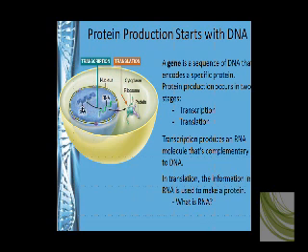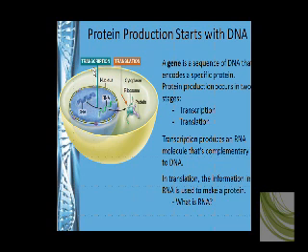Okay, so we take the DNA and we find the gene and we get an RNA molecule out of it. This is called transcription. So we copy just the part of the gene we need that tells us how to make a protein and turn it into messenger RNA. That occurs in the nucleus, and that is called transcription.